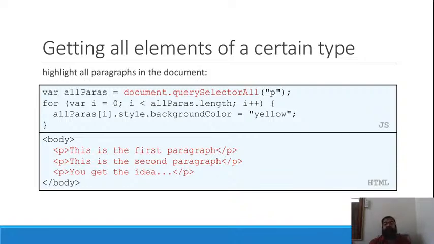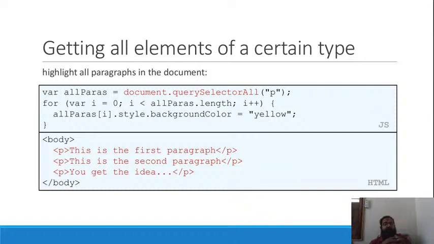So you have a variable called allParas, which is actually an array, because we run document.querySelectorAll for the tag p, which means that it will return an array, and you can set the color to yellow by running a for loop, and the for loop will be something like for var i equal to 0, i less than allParas.length.